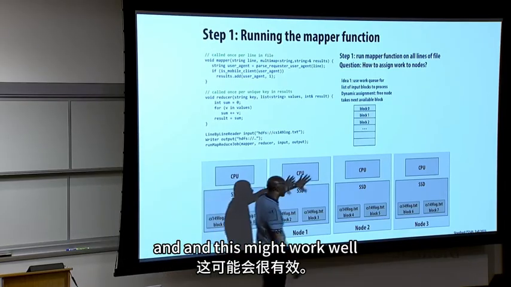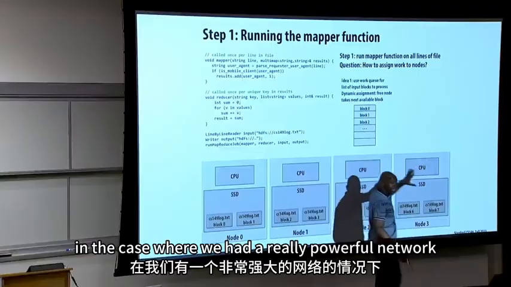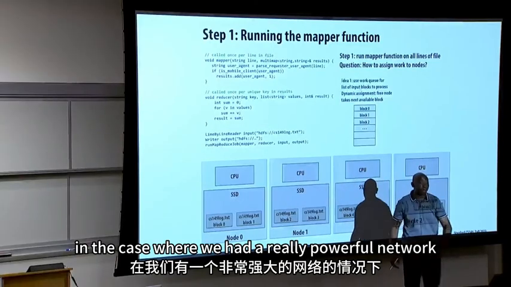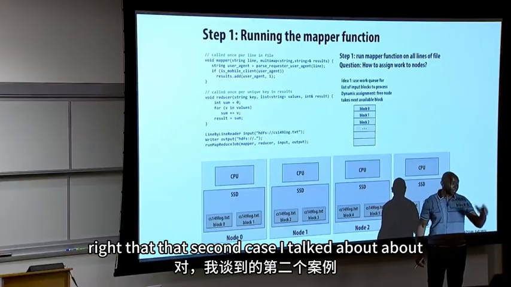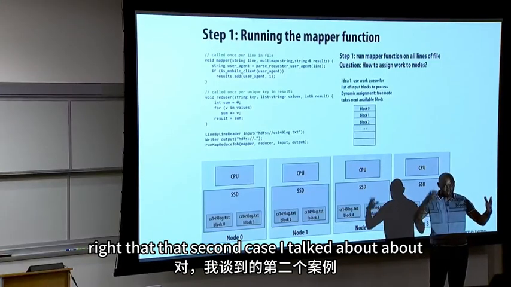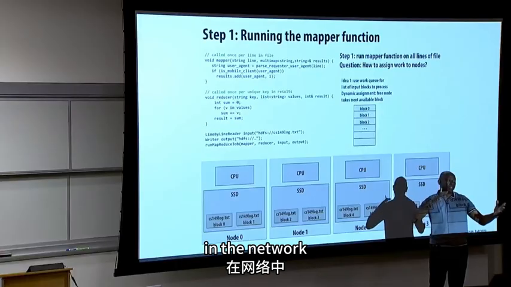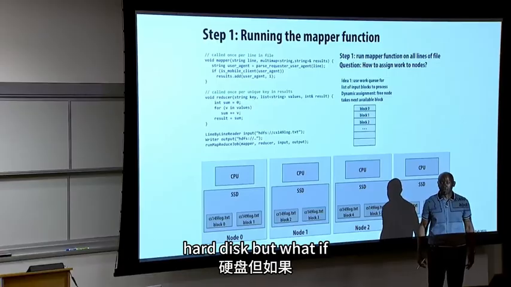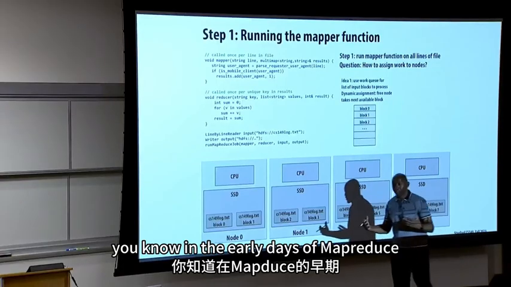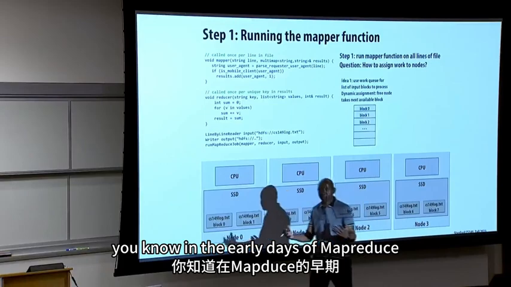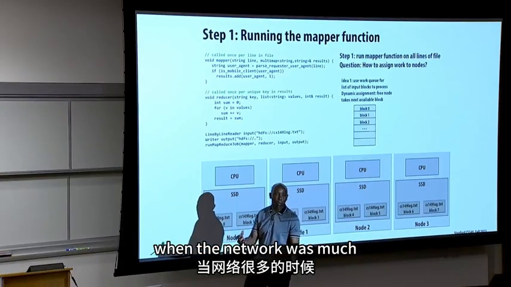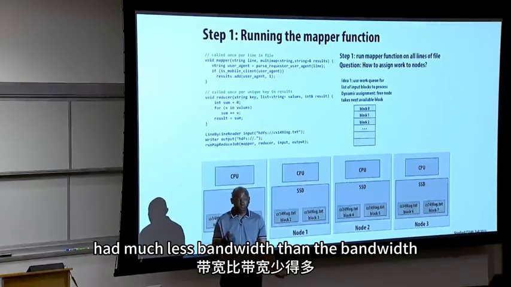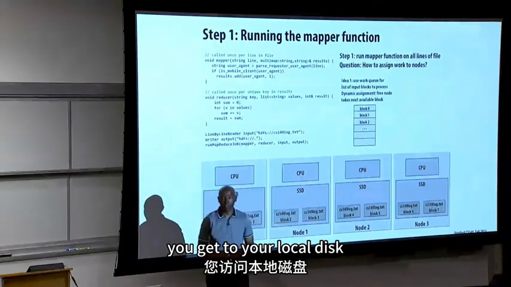This might work well if we had a really powerful network, with bandwidth equal to what you might get to your local hard disk. But what if, in the early days of MapReduce, the network had much less bandwidth than you get to your local disk?